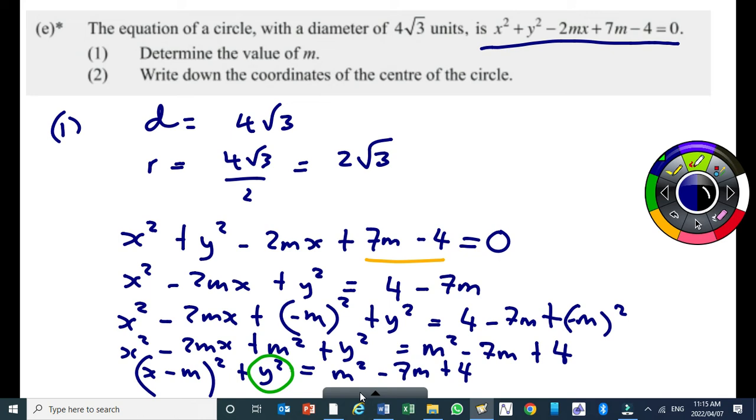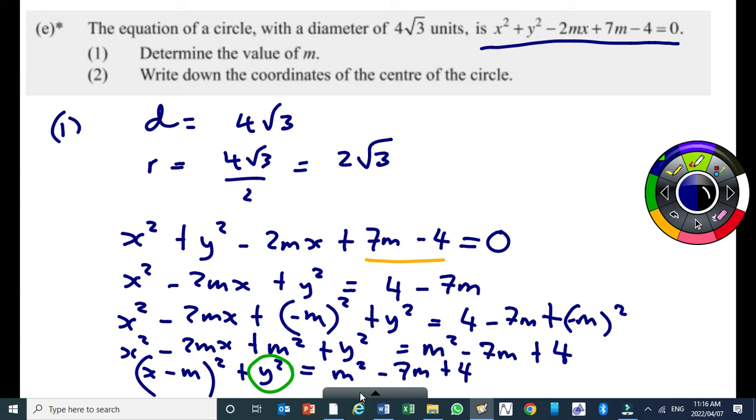All right. Then the question now says, write down the coordinates of the center of the circle. Now, the coordinates of the center, since we found two values of m, not one, what it means is we might have two centers.